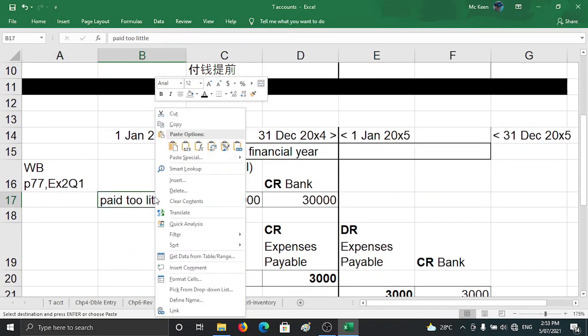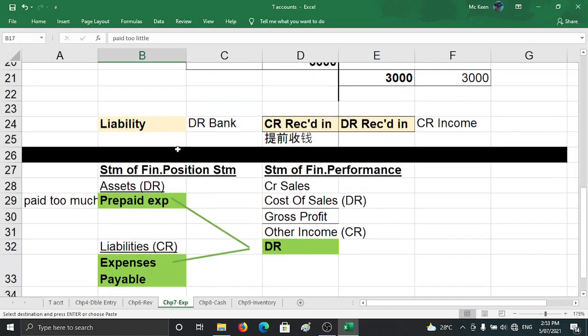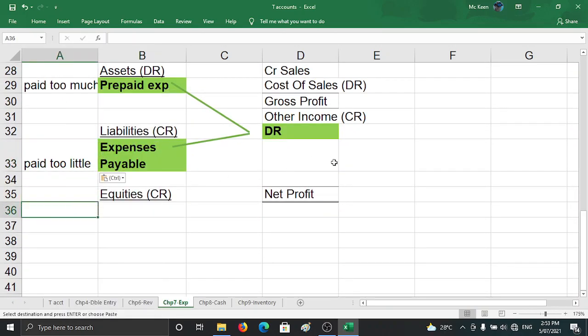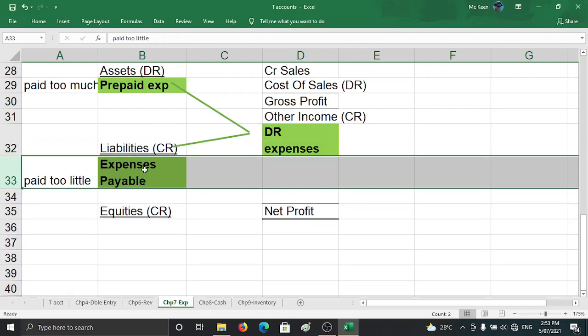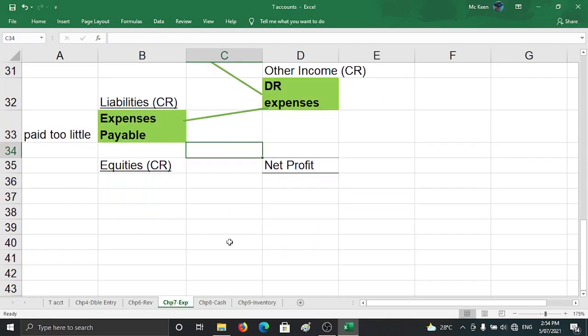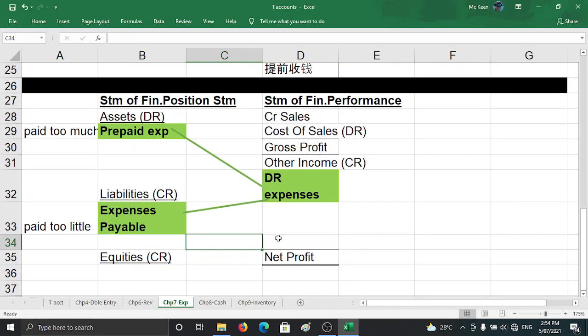Okay, and then when you pay too little, it becomes a liability. But both also debit your expenses. Okay, so that's about it, the concept for expenses, when is a liability and when is an asset. Okay, so it is very easy to remember these two concepts.